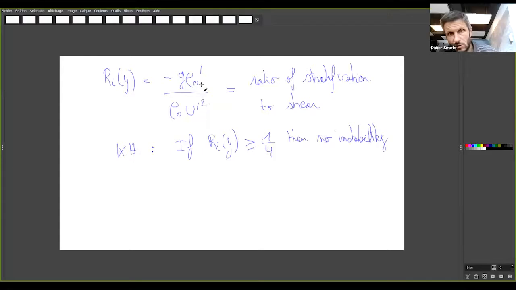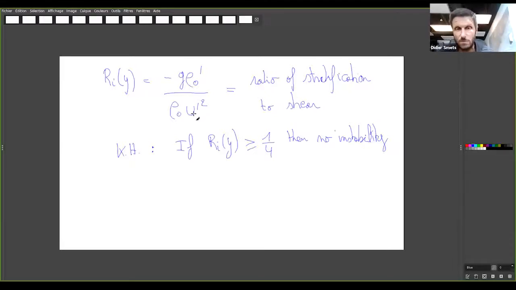So it means if your fluid is sufficiently stratified, for example in the winter, with respect to the shear, then you won't have instability. And on the other hand, if the weather is hot and there is shear in winds, so shear is a big difference of the speed of winds with altitude, then there will be some buoyancy in the flow.